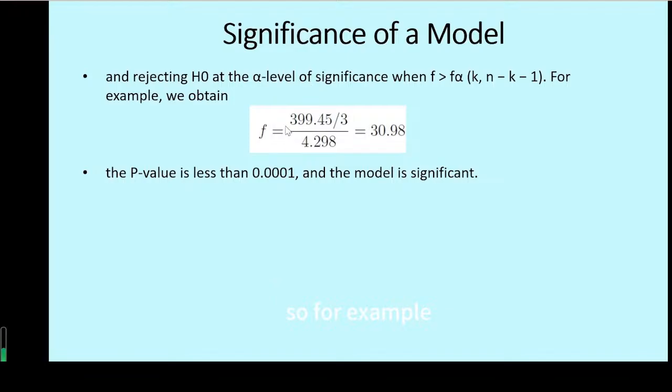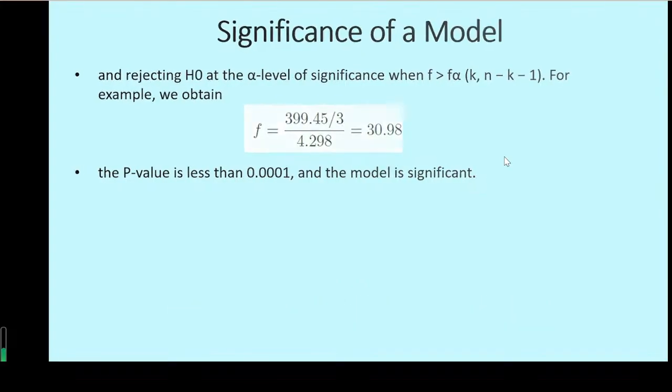For example, we get F equals 30.98, and we check the F critical value. The p-value is very, very small, so the model is quite significant.